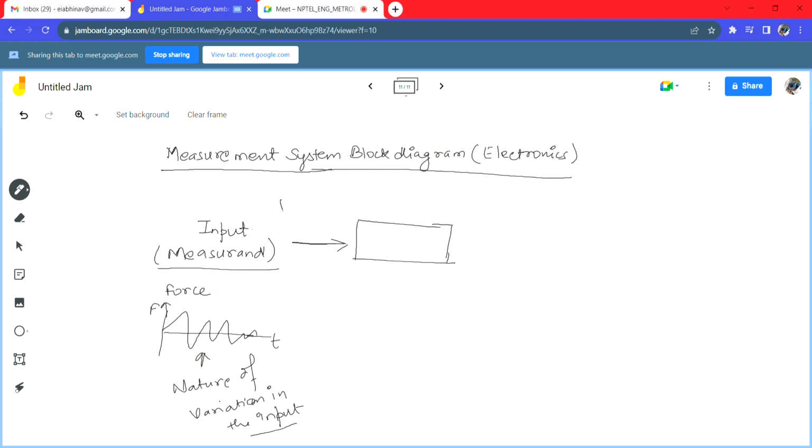Although there is some preconditioning done at times, let's not go into the detail of that preconditioning. Let us say that it directly hits a transducer here. So what this transducer will do, till here we had a force signal, now we have a voltage signal. So this voltage will vary differently now.